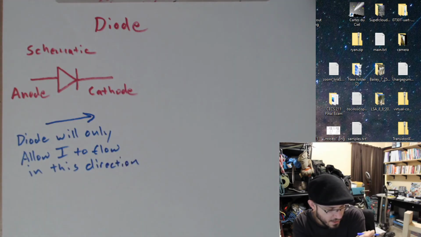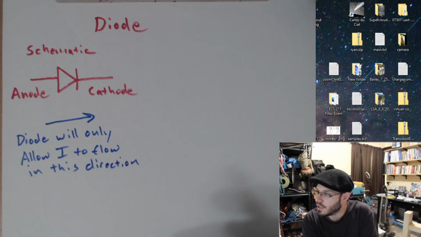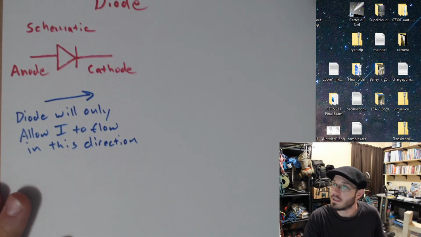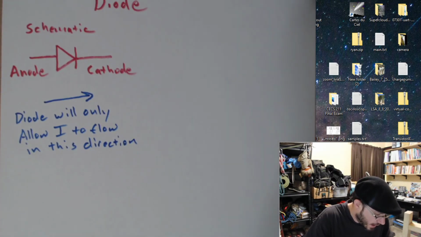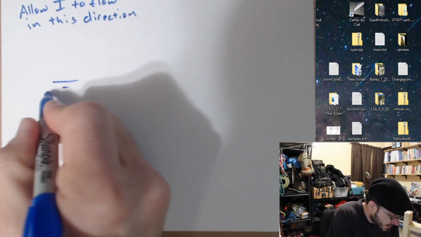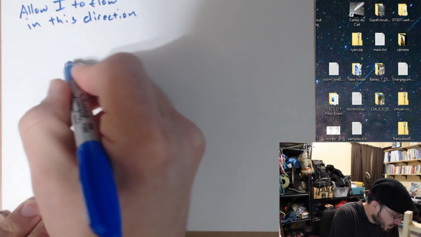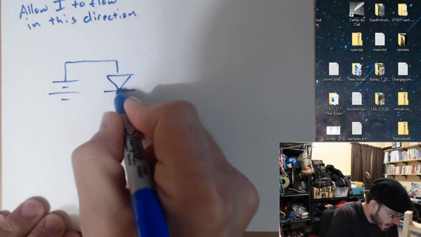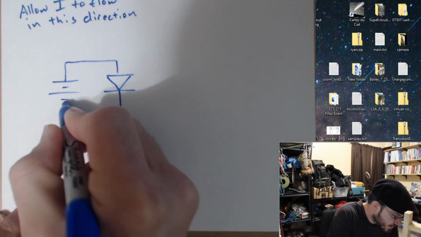Okay, and we have some terminology for this. So I'm going to put up two examples side by side. Let's go ahead and take a DC voltage source. We're going to hook up a diode like this.